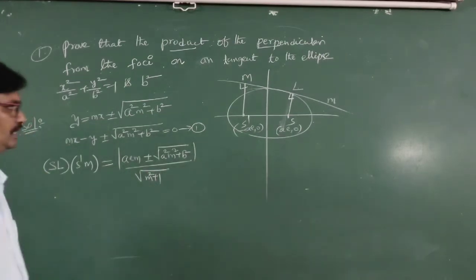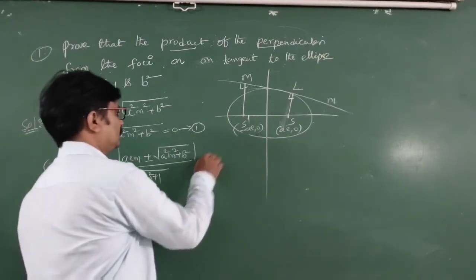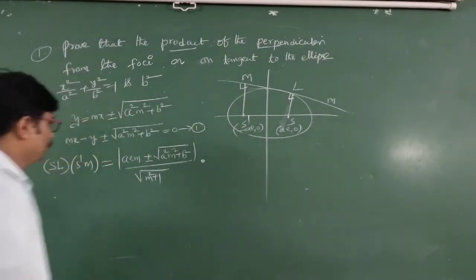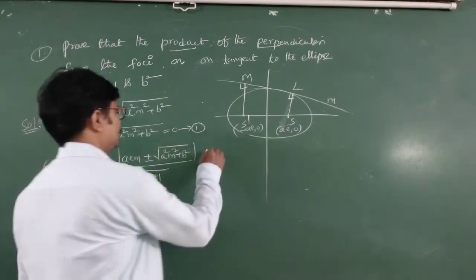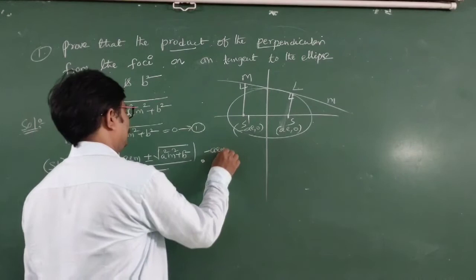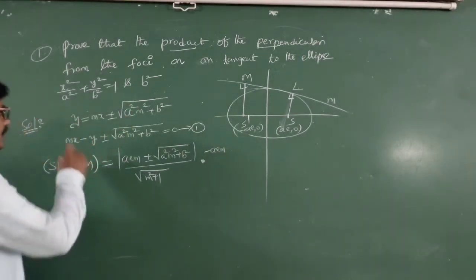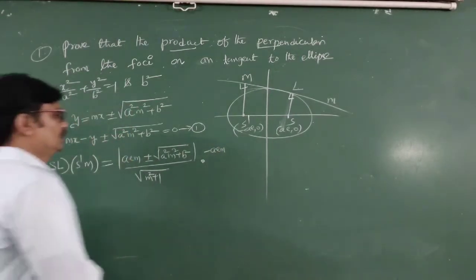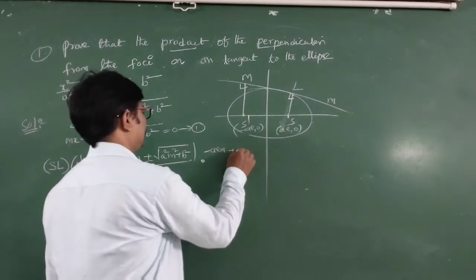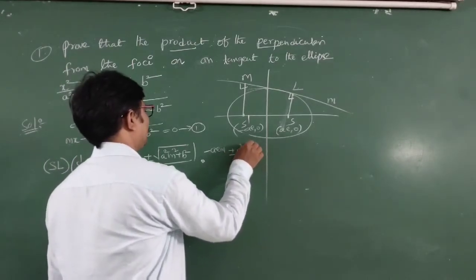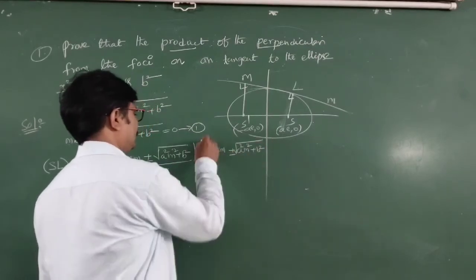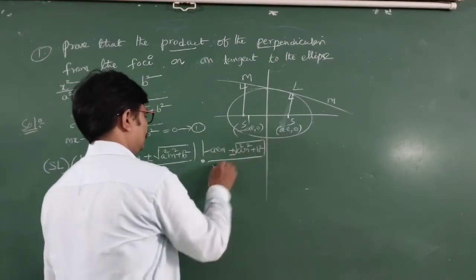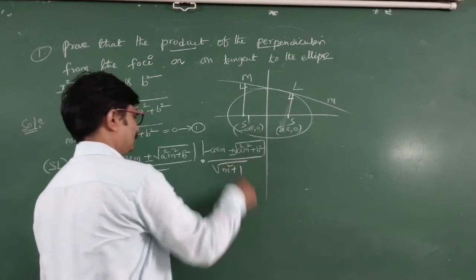My dear students, now for the point minus ae, 0, we get minus aem, then plus or minus the square root of a square m square plus b square, similarly upon the square root of m square plus 1.